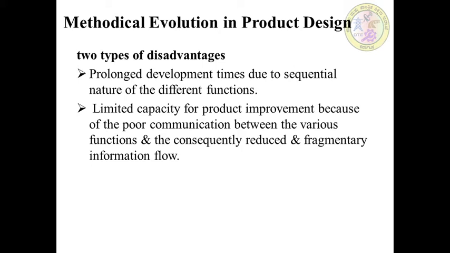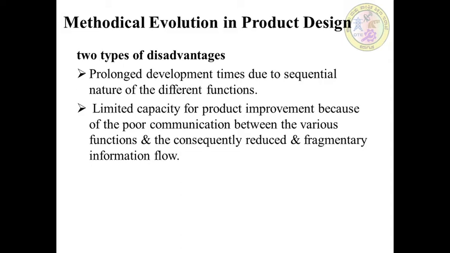Two disadvantages are, first, prolonged development time due to the sequential nature of the different functions, and second, limited capacity for product improvement because of poor communication between the various functions, which consequently reduces and fragments information flow.